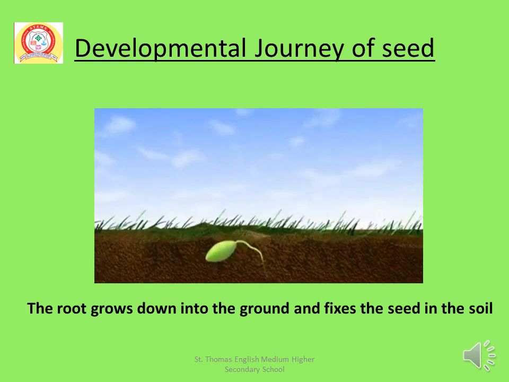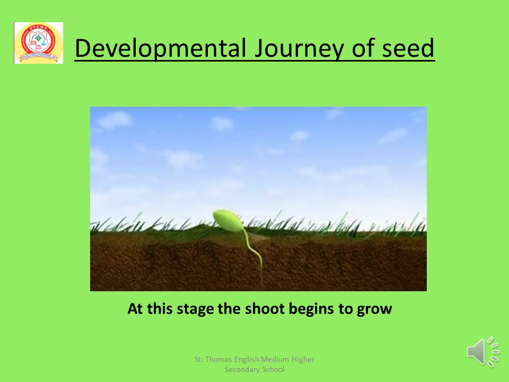After sprouting, the root grows down into the ground and fixes the seed in the soil. Only then the shoot begins to grow.